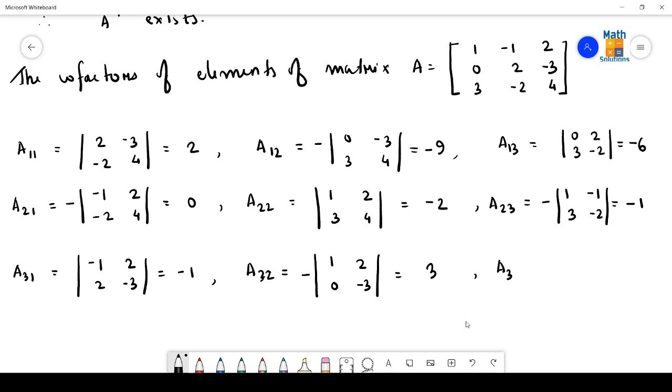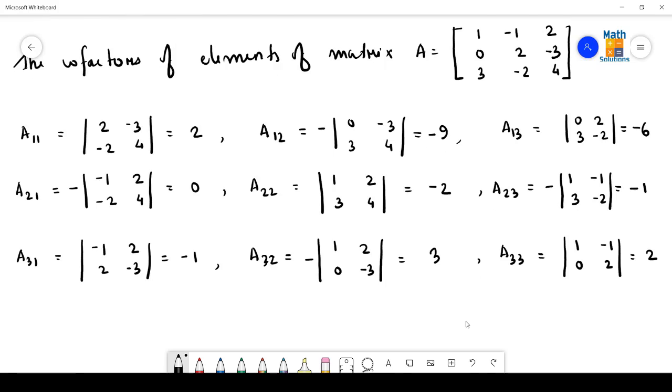Then A33, for this the sign convention will of course be positive, so I get here 1, minus 1, 0, 2, and our answer is 2 here. So these are the results for all the cofactors of this given matrix.